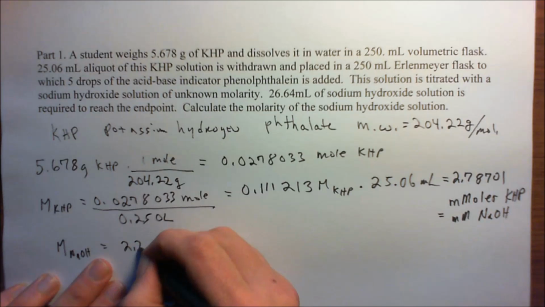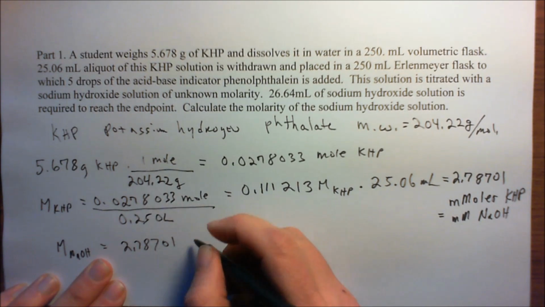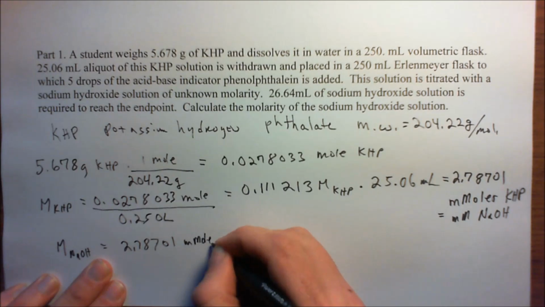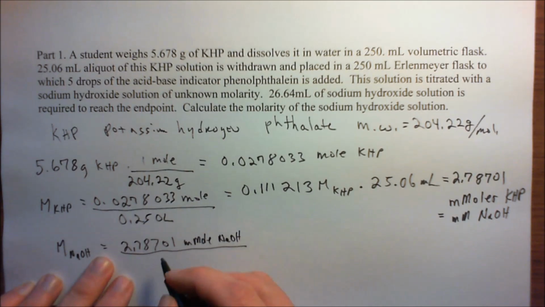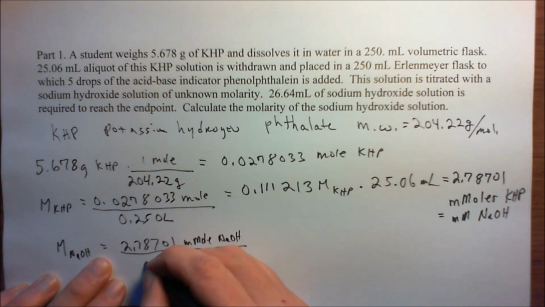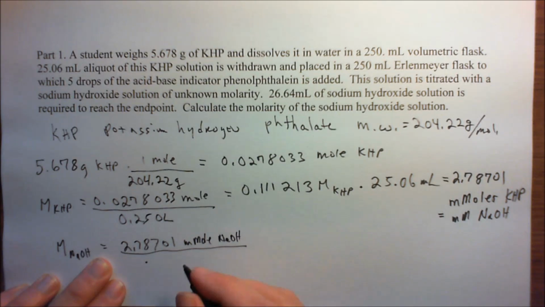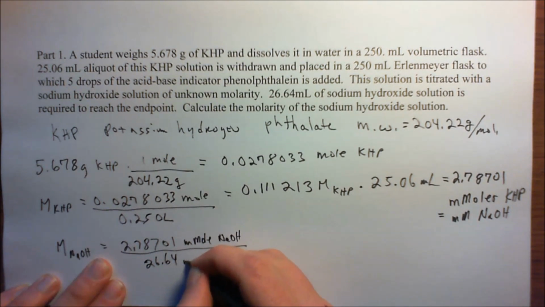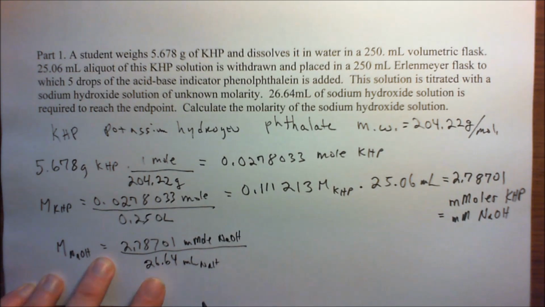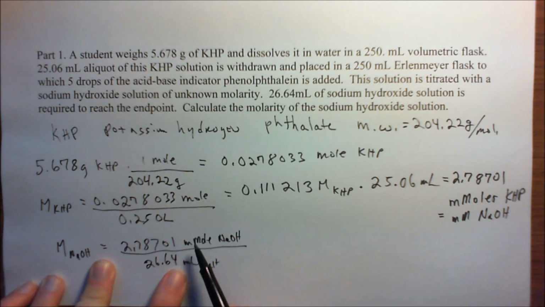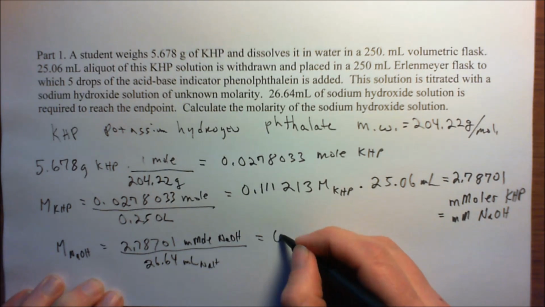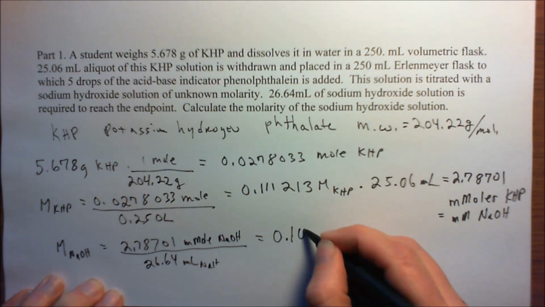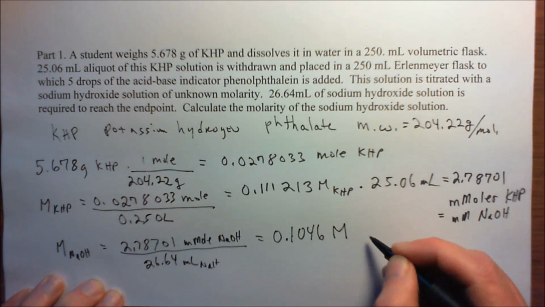So we've got 2.78701 millimoles of sodium hydroxide, and if we were to divide that by the number of milliliters, 26.64 milliliters sodium hydroxide, millis cancel and we're left with moles per liter, and that gives us the molarity of our sodium hydroxide, and that gives us our standardized solution of sodium hydroxide.